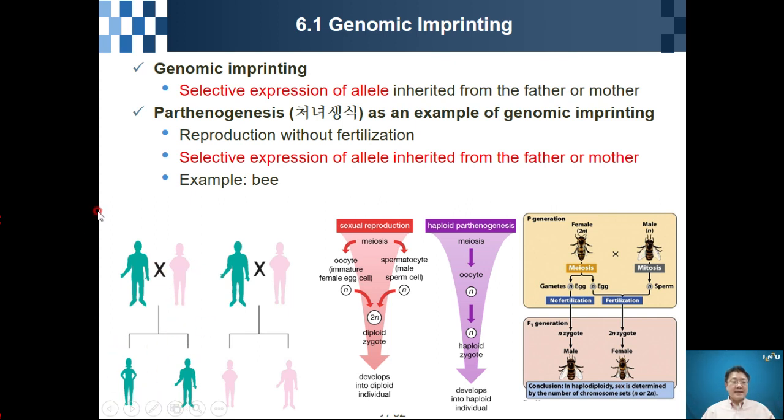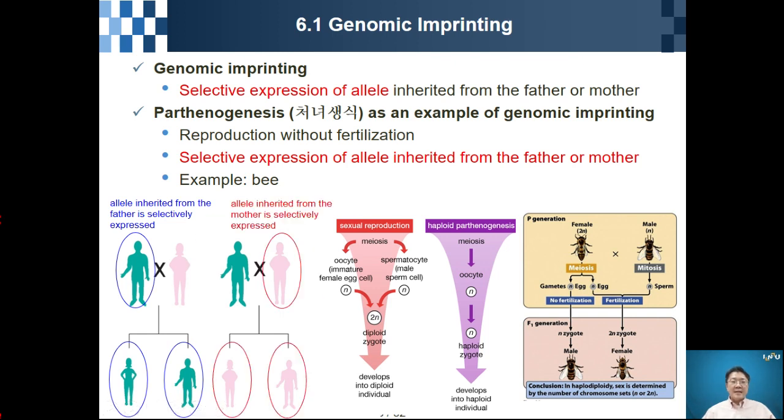In these cases, the allele inherited from the father is selectively expressed in daughter and son. How about in this case? The allele inherited from the mother is selectively expressed in daughter and son. In these cases, we call it genomic imprinting.